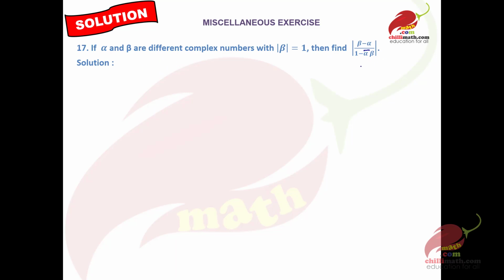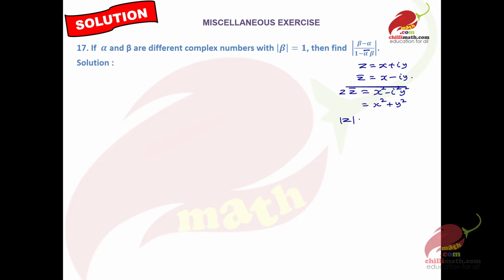So first of all, understand this. If z is any complex number, that is x plus iota y, then z conjugate is x minus iota y. If I multiply these two, we'll get, this is a plus b into a minus b, that is a square minus b square, which is equal to x square plus y square.